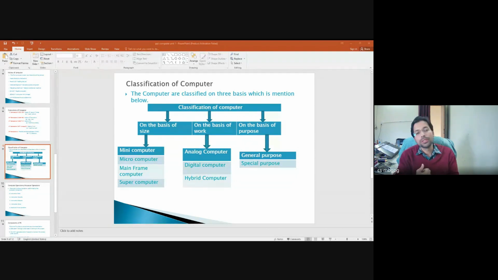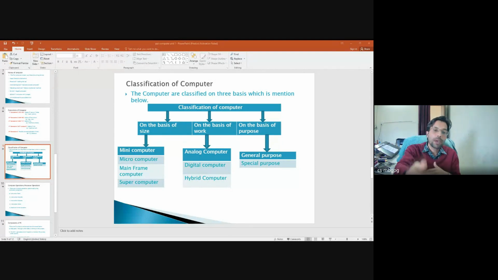Next is supercomputers. Supercomputers are the most high-performing systems. Their processing power is so high in comparison to all other systems. A supercomputer is a computer with a high level of performance compared to the general purpose computer system.